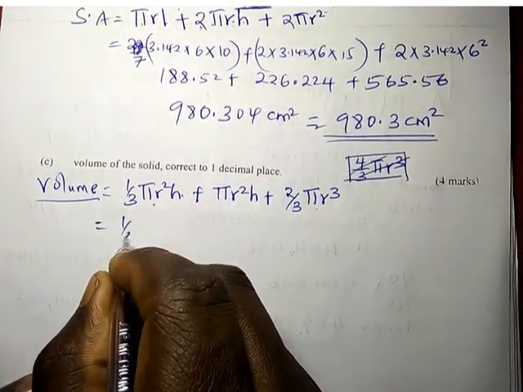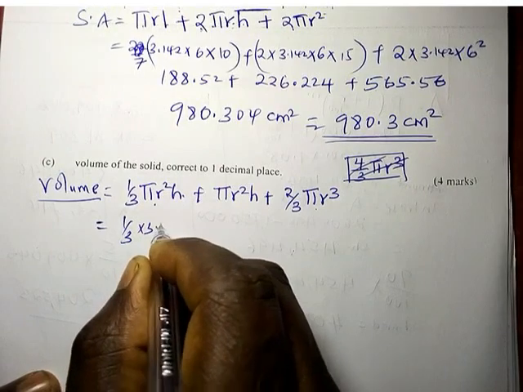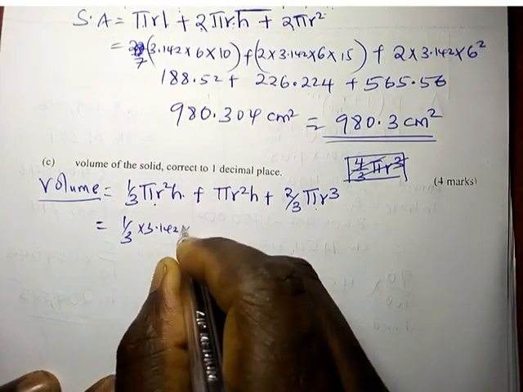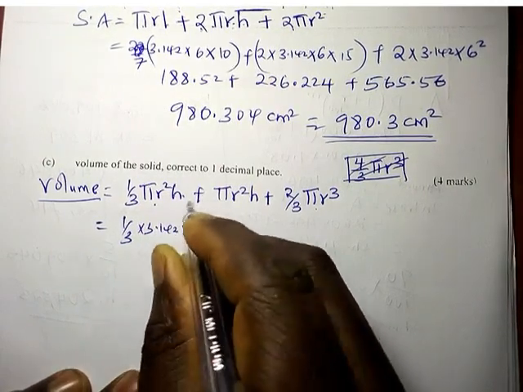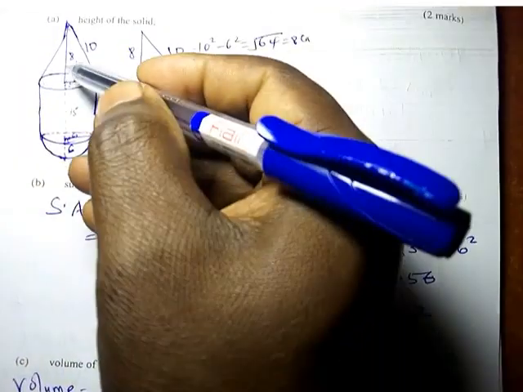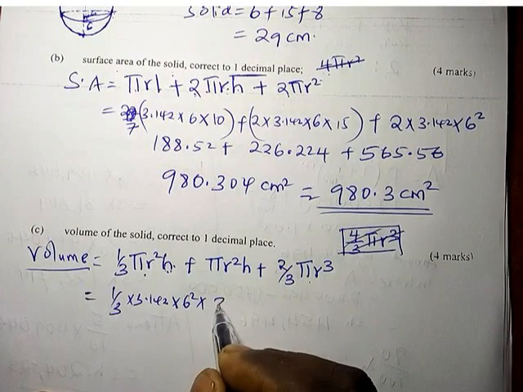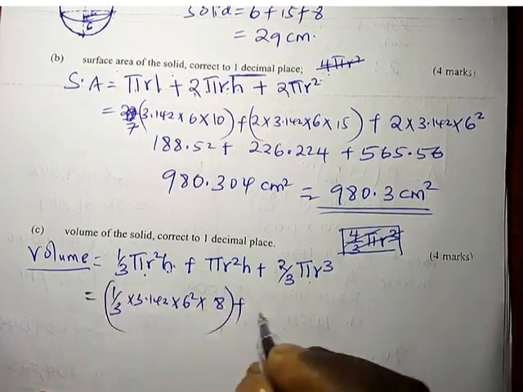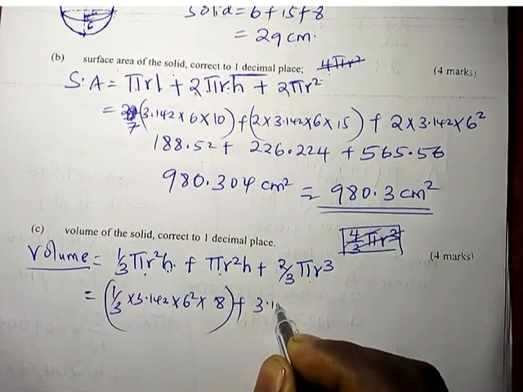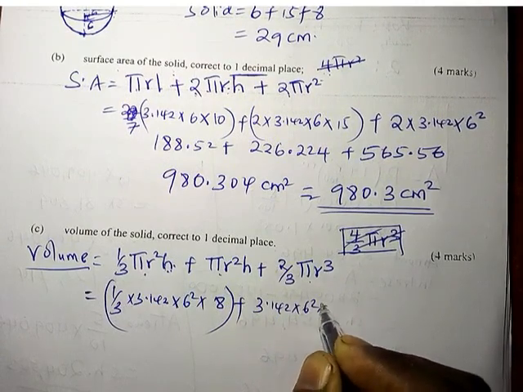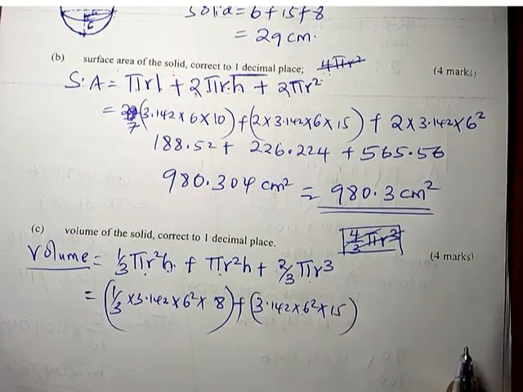So this one is a third times 3.142 times 6 square times h. h is 8, that is the cone, times 8, plus 3.142 times 6 square times 15. That is the cylinder.